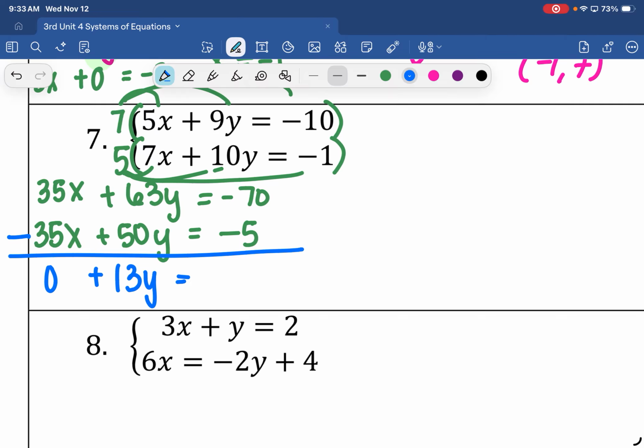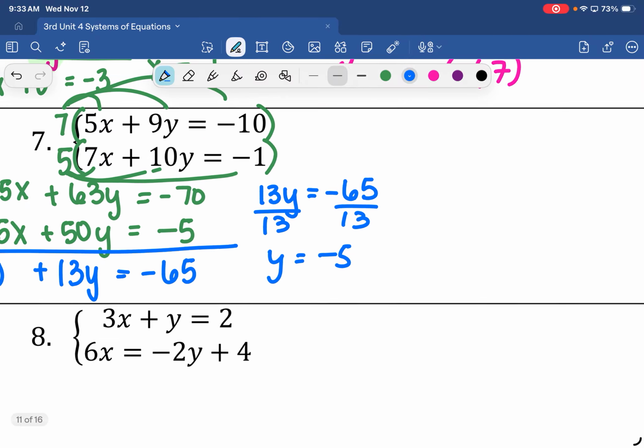Negative 65. Because when we subtract a negative number, you add. So we have 13y equals negative 65. What do we do from there? So y equals.